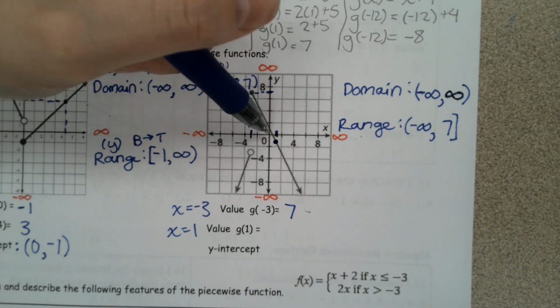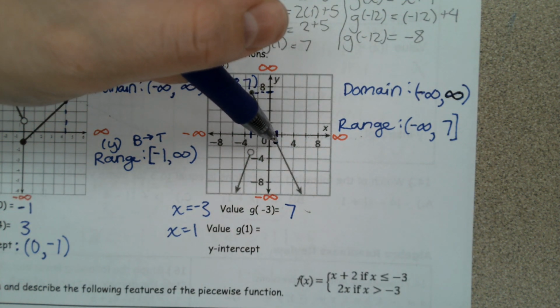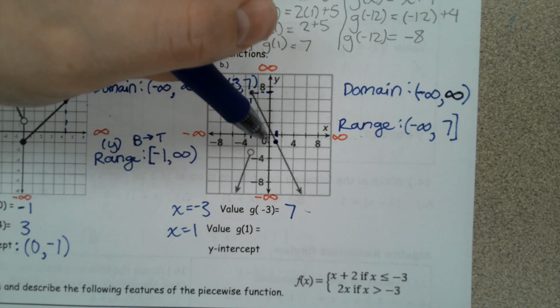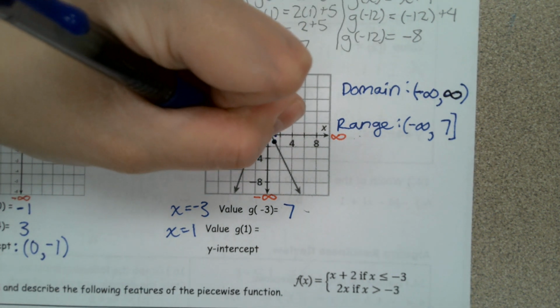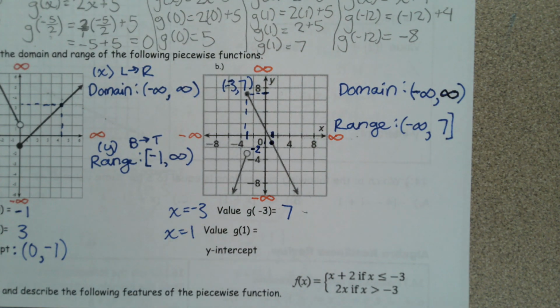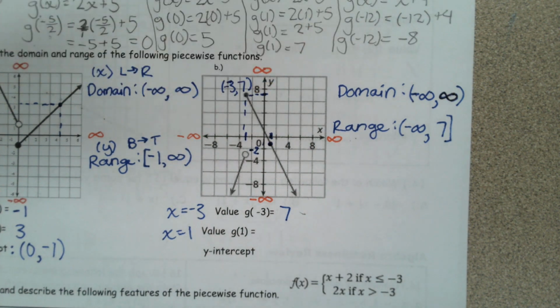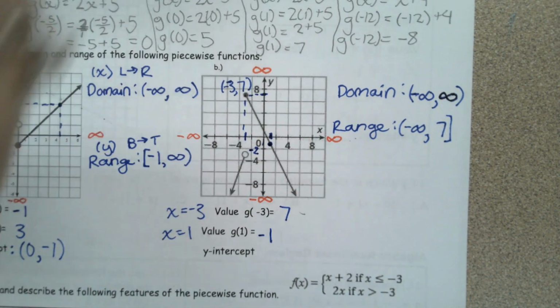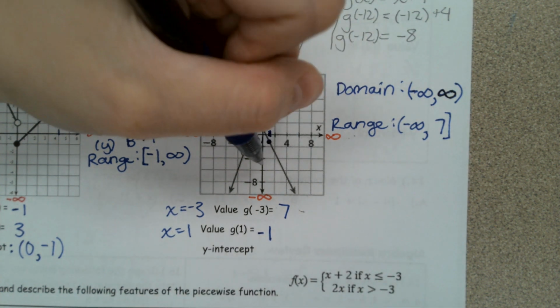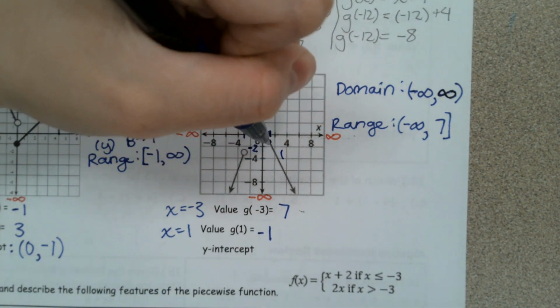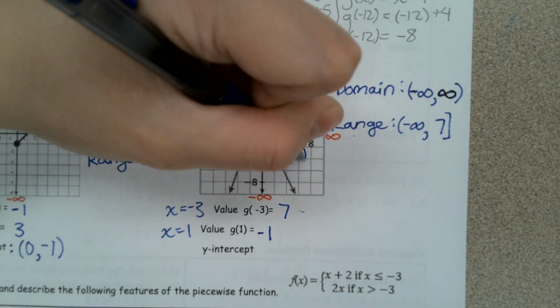So on the x-axis, this is at 1. And then on the y-axis, this is between 0 and -2. It's between 0 and -2. So I'm going to call that -1. So this would be the point 1, -1.